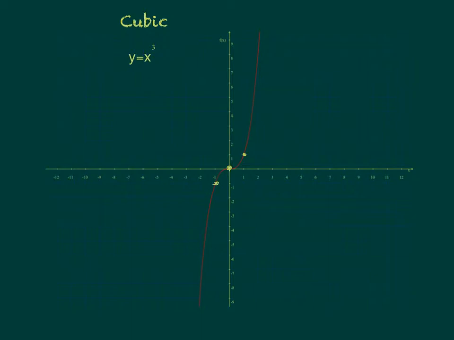And then it's going to go that same way. The next point would be 2, 8, way up here, and so on, and negative 2, negative 8. And that's how that one will look. It'll just kind of hump right at the middle there.